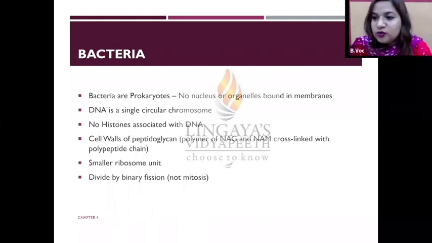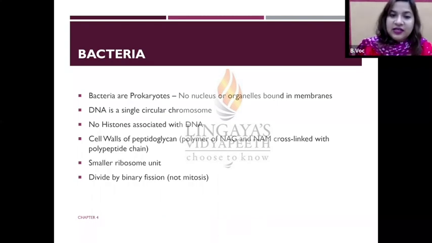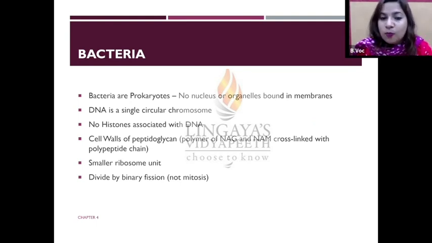The smaller ribosome units are there and they divide by binary fission and not by mitosis. So we can say that bacteria are single cellular microorganisms which are prokaryotic and have DNA which is a single circular chromosome. They are microscopic organisms which cannot be seen with the naked eye.